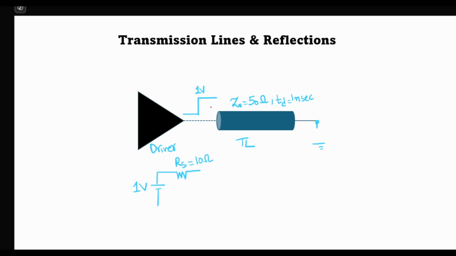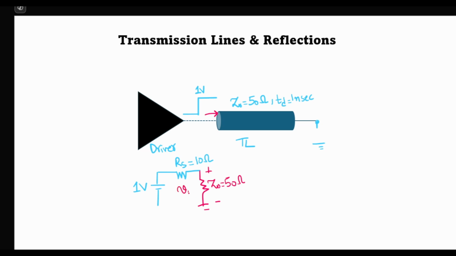Now when this 1 volt signal approaches this transmission line, it sees an impedance looking into the transmission line which is equal to the characteristic impedance. So in essence, this is making a voltage divider. So this is the characteristic impedance Z0 of 50 ohms, and the signal that is launched into the transmission line is what appears across this characteristic impedance.